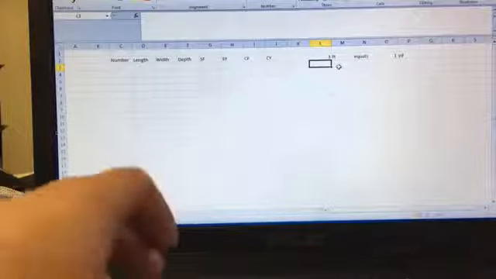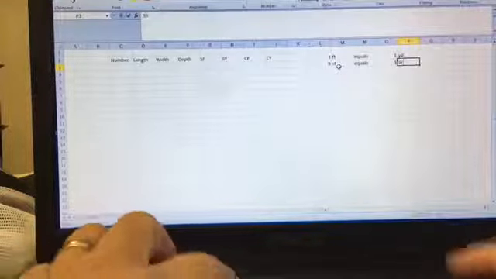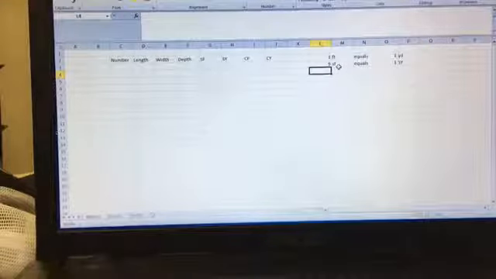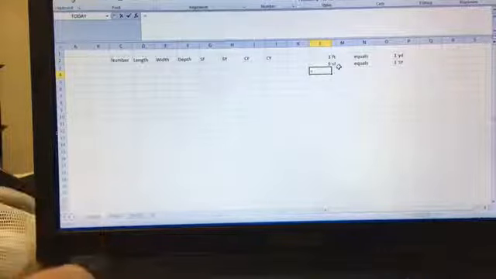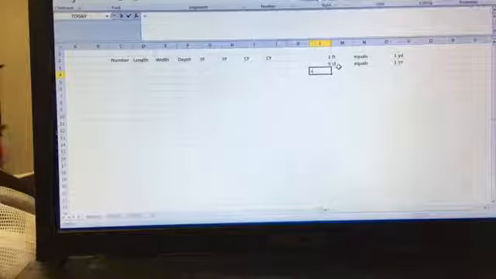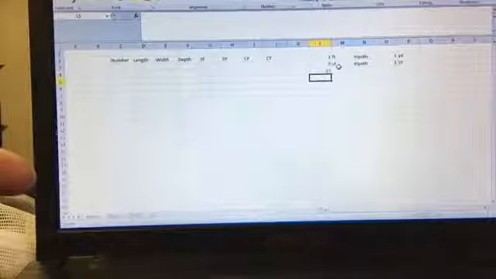Well, for a square yard, 3 feet by 3 feet equals 9 square feet equals 1 square yard. And then a cubic foot is 1 foot high by 1 foot wide by 1 foot deep. So when we convert yards to cubic feet, 3 feet long by 3 feet wide by 3 feet tall is equal to 27 cubic feet.